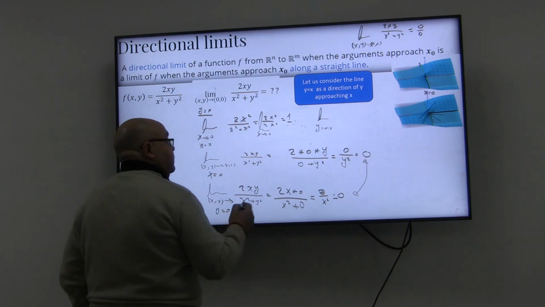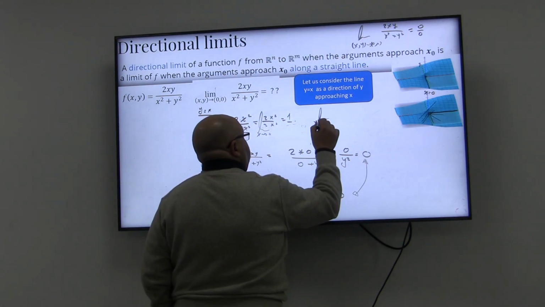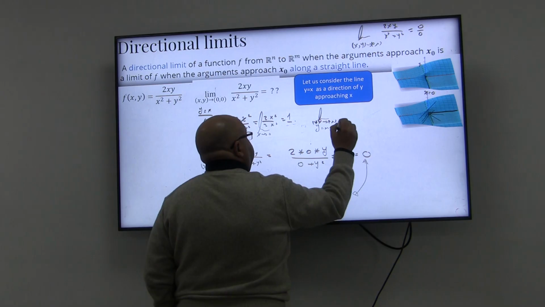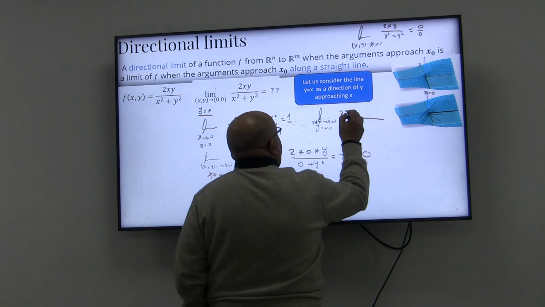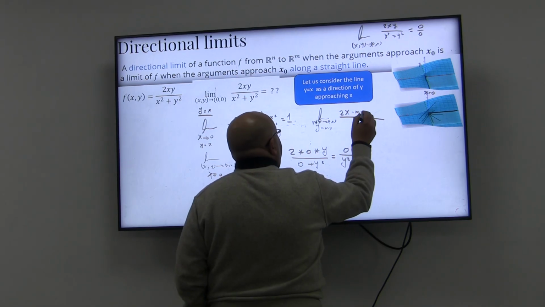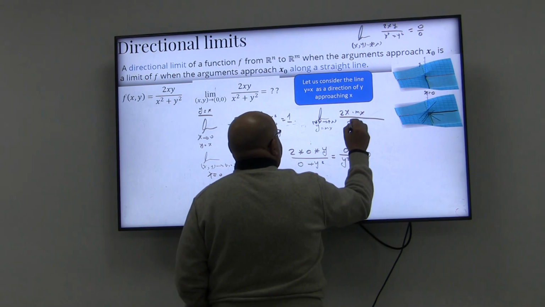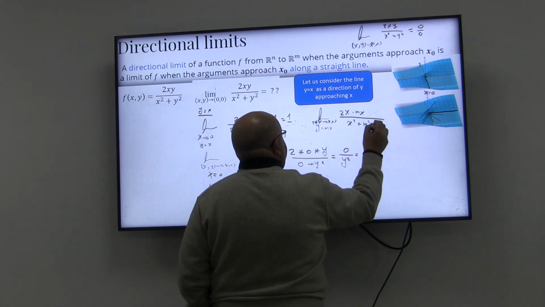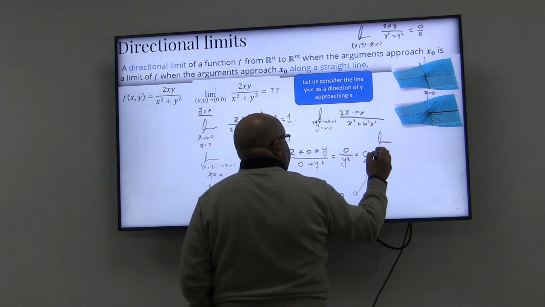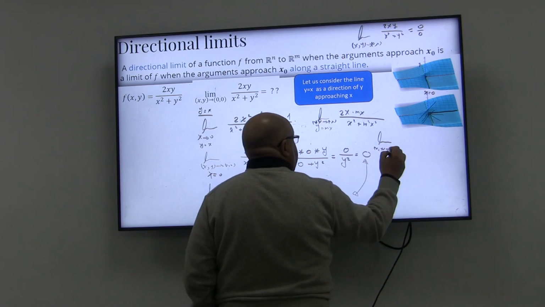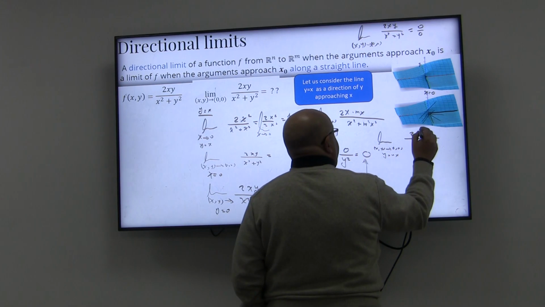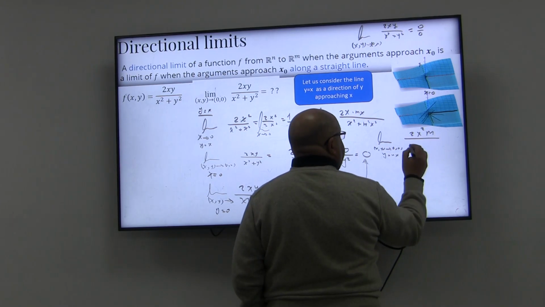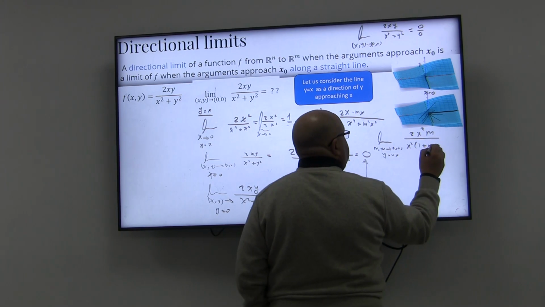Come on Mr. Muhammad, let's do the substitution, as x and y tend to the origin. Once you do this, the function value will be 2 times x times mx divided by x squared plus m squared x squared, which is simply, for the limit as x and y reach the origin along y equal to mx as a line, 2 x squared m divided by x squared times 1 plus m squared.